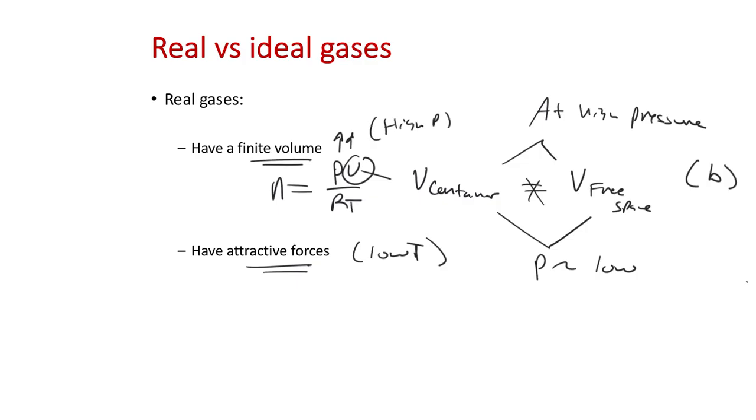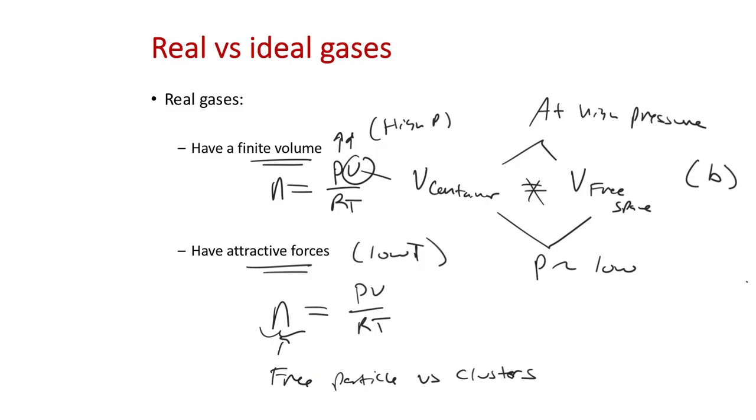At low temperatures, particles are going to be stickier with each other. As we're getting close to a liquid's condensation point, it's going to start to have intermolecular forces. So if we're calculating the number of moles, PV over RT, what moles do we get here? Is it the actual free particles versus clusters of particles stuck together?